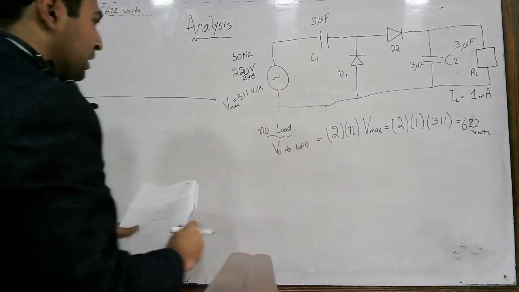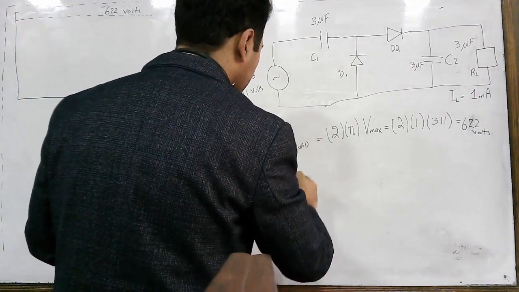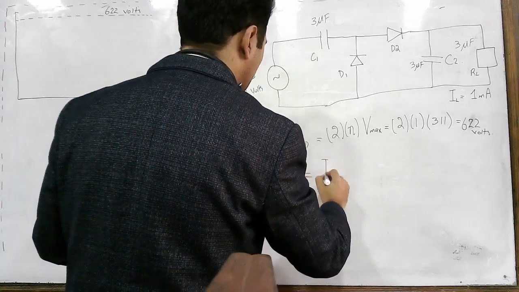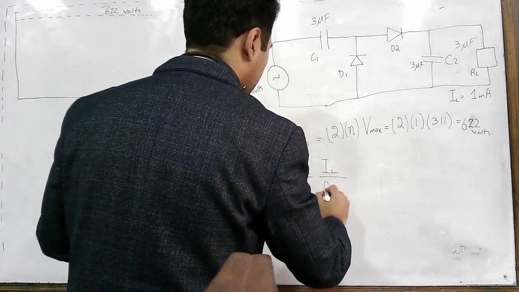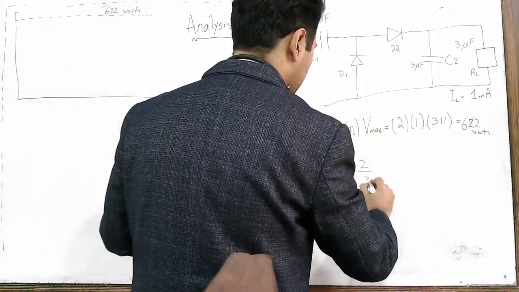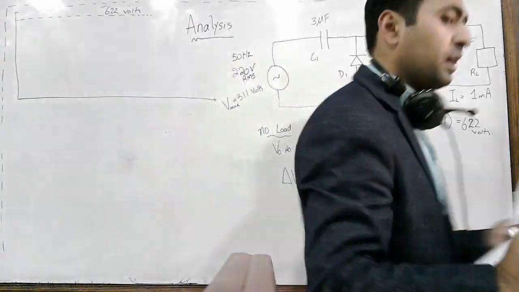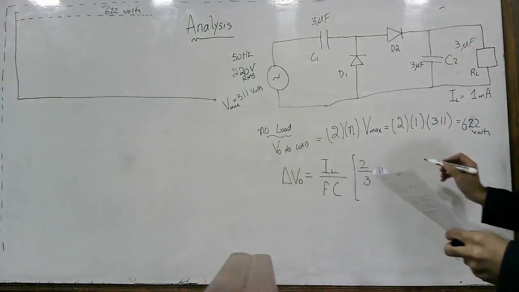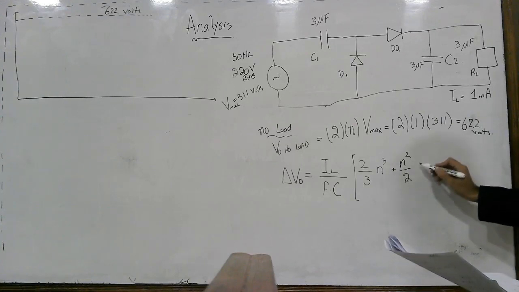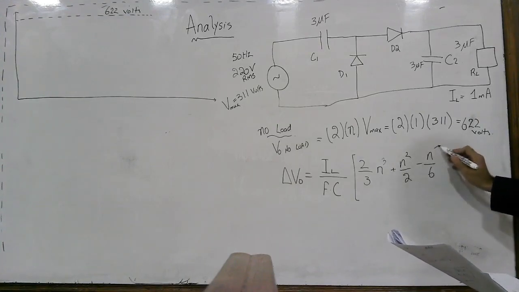So what will be the voltage drop? As you know, the equation of the voltage drop is equal to IL divided by frequency into capacitance, into 2 by 3 n cube plus n square by 2 minus n by 6.